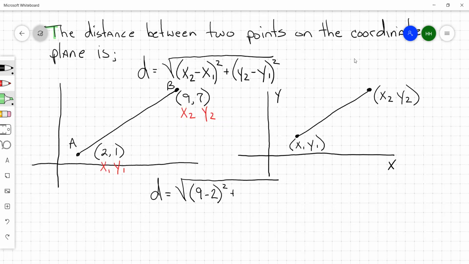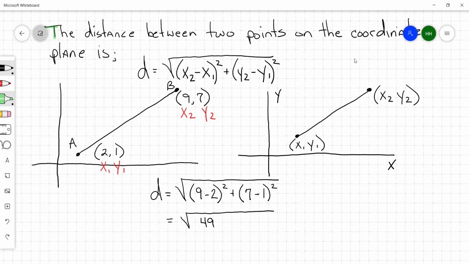And we're going to add it to our y sub 2, which is 7, minus our y sub 1, which is 1, and we're going to square that. So this distance is equal to, what's 9 minus 2? Squared.